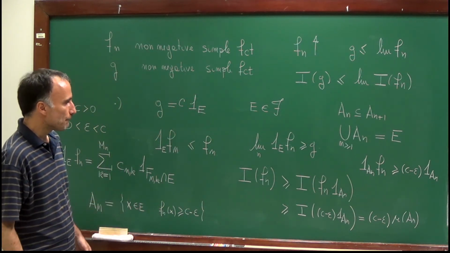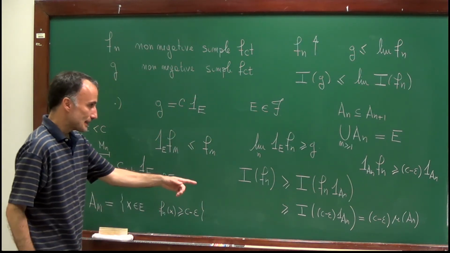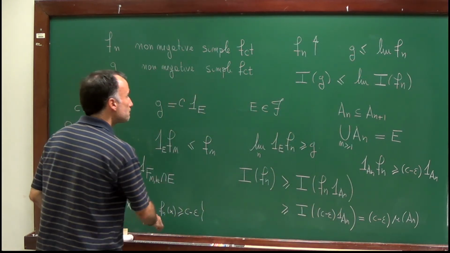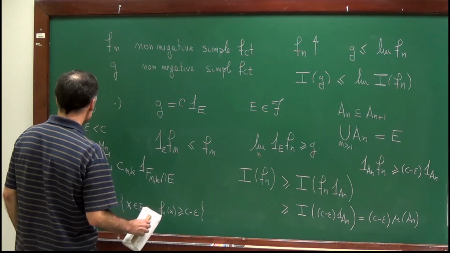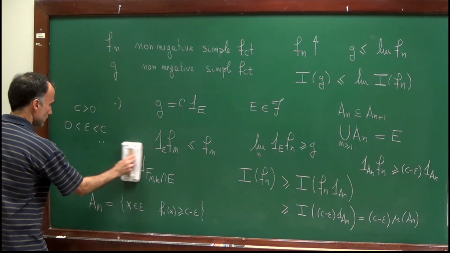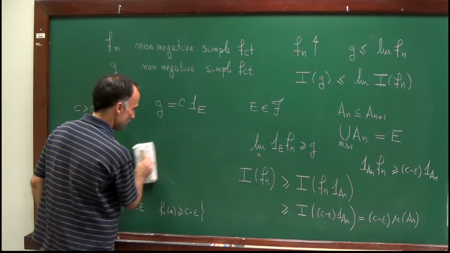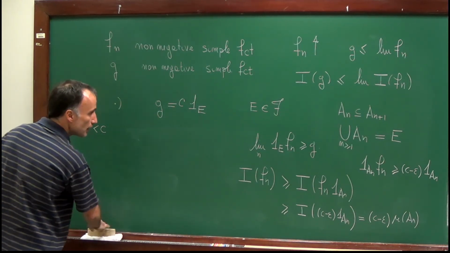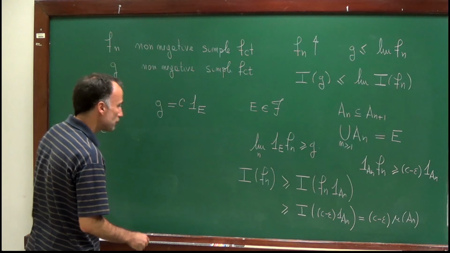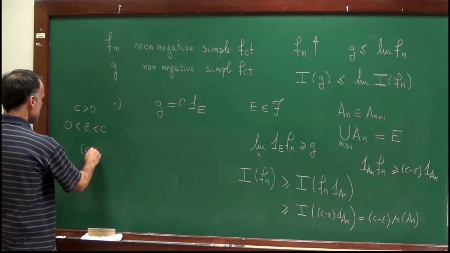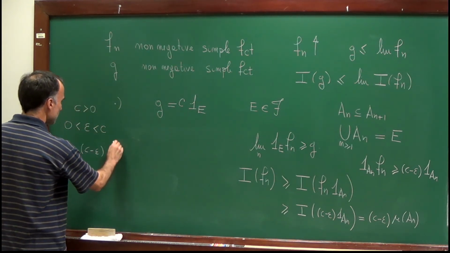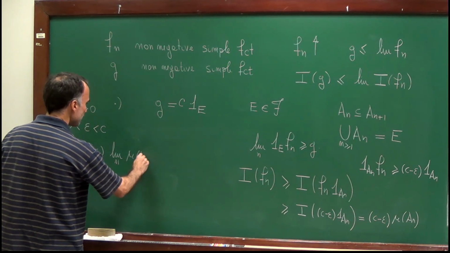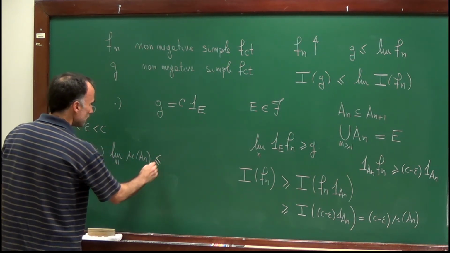So from this expression, we can conclude that, let me erase this piece of the blackboard. So we just proved that c minus epsilon times the limit of mu of A_n is larger than the limit of I of f_n.